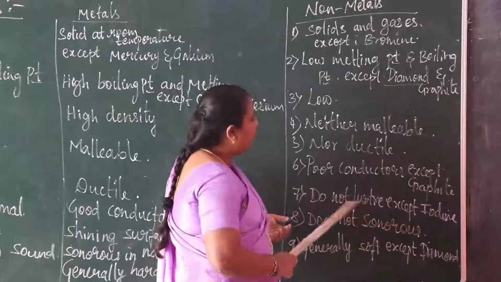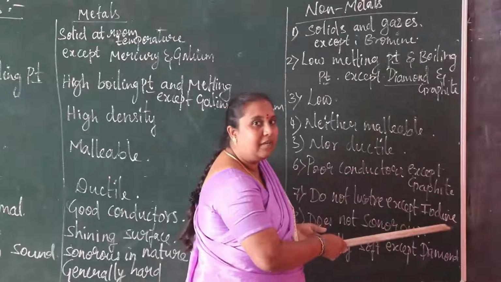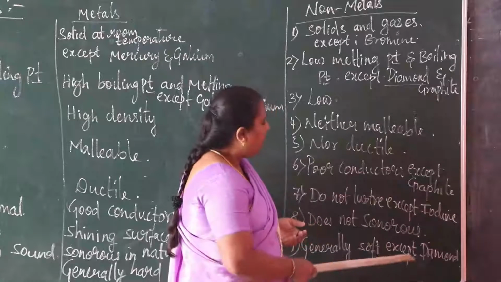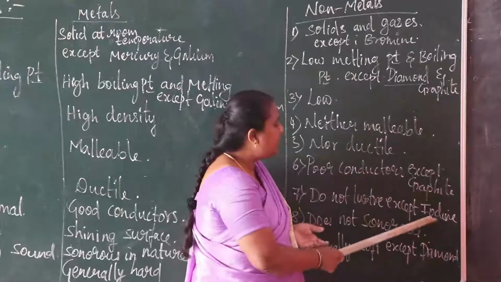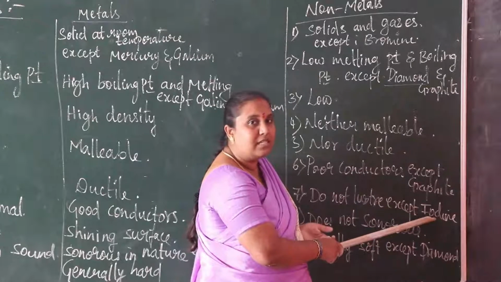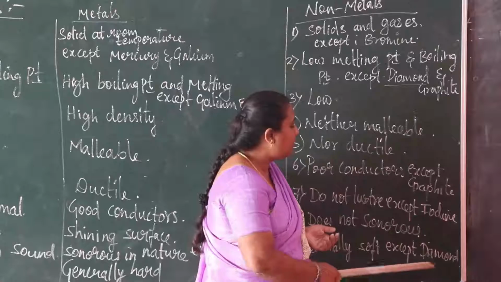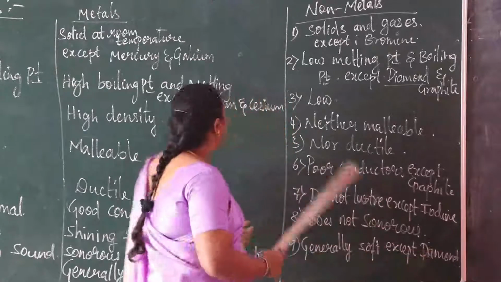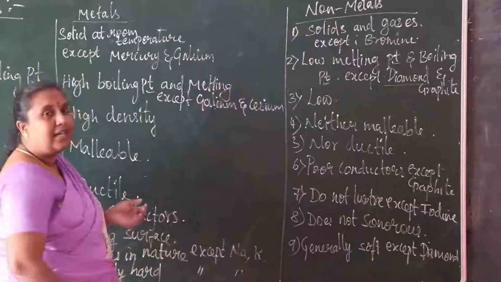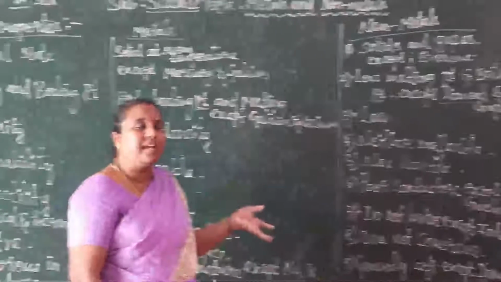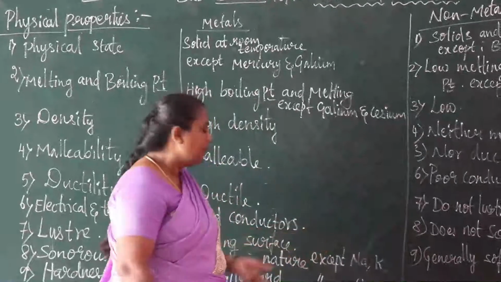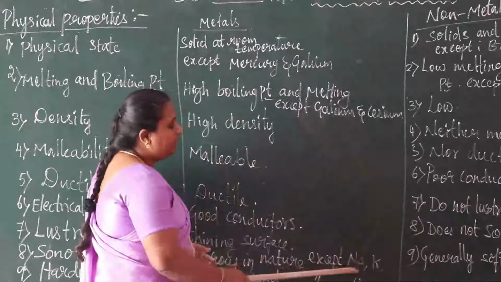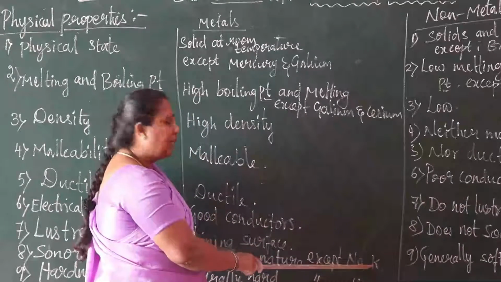The lustrous non-metal is iodine, and the hardest non-metal is diamond. And the metals which are soft enough to cut with a knife are sodium and potassium.